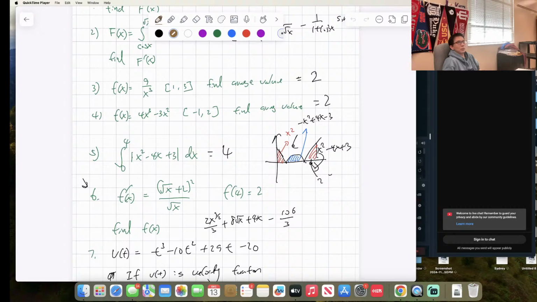Between 0 to 1, I will do it in terms of x squared minus 4x plus 3, but I will multiply by 2, and then I'll do an integration from 1 to 3 of negative x squared plus 4x minus 3. Does that make sense? Yeah.